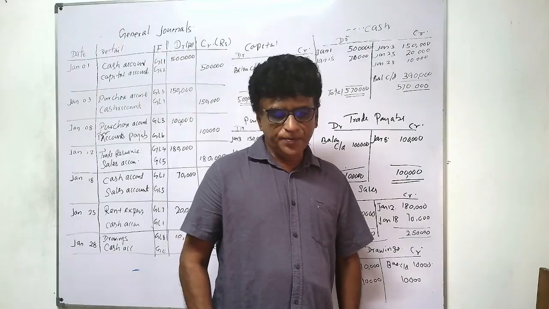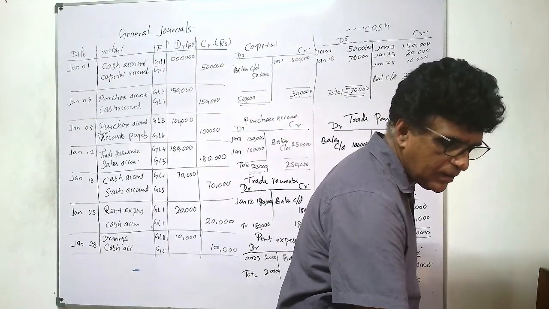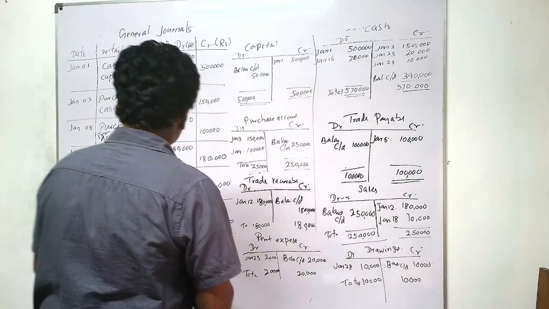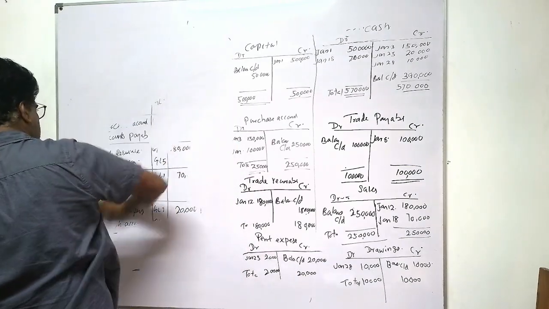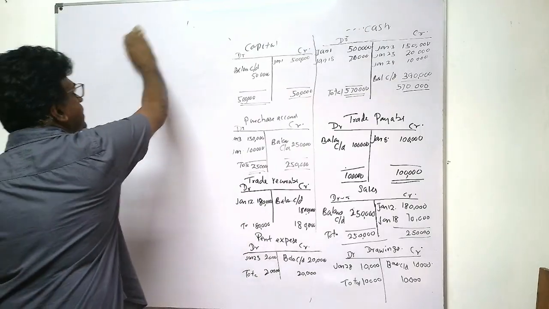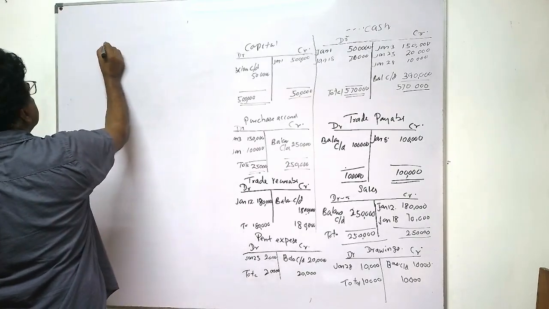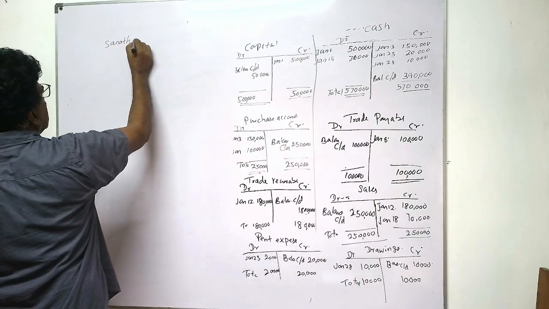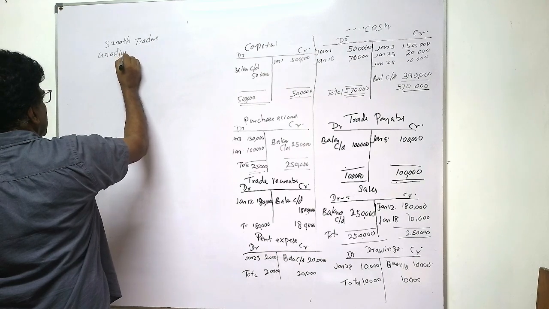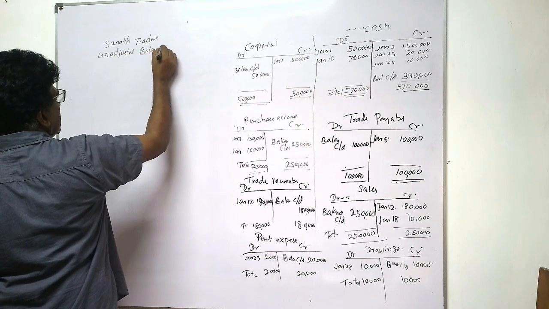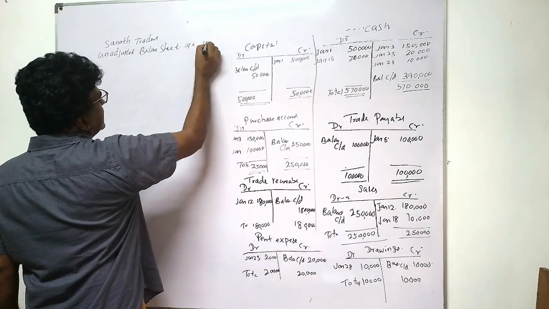Now we are going to prepare the unadjusted balance sheet, Sana Traders, as at January 31st.